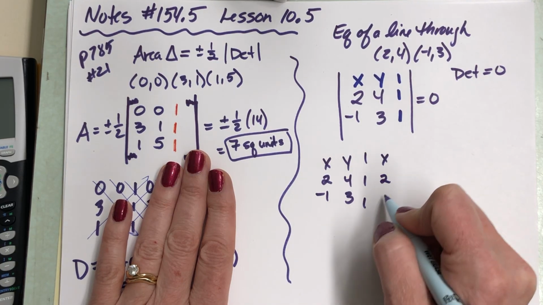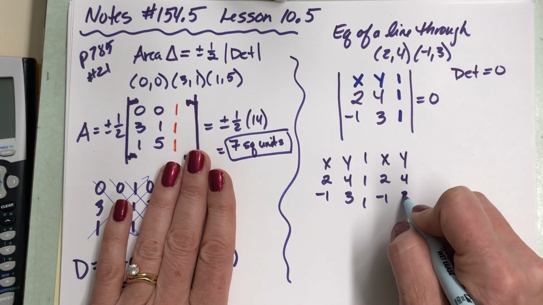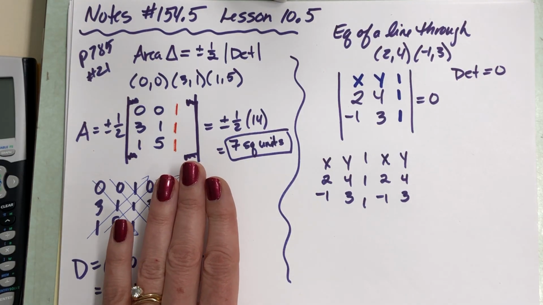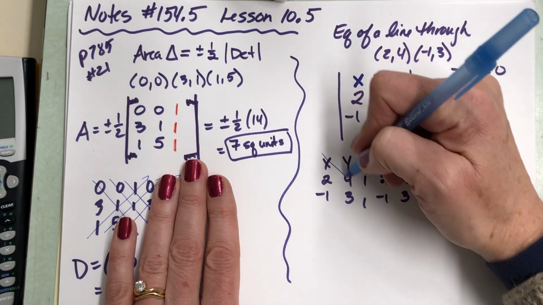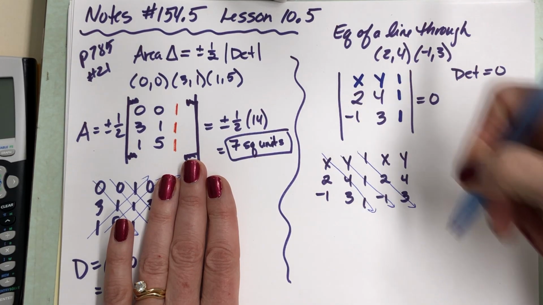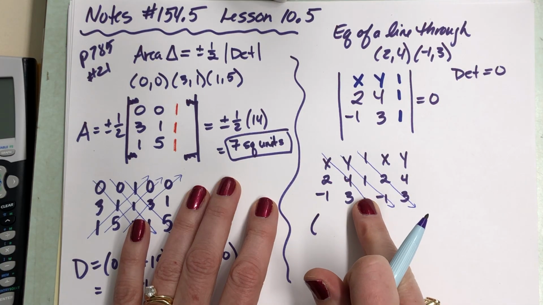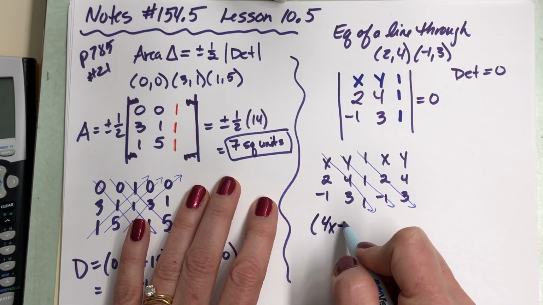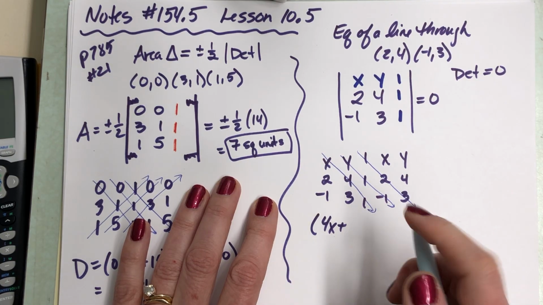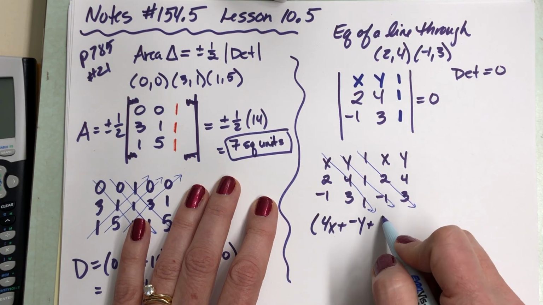If you did not like the basket weaving method, and you wanted to use the cofactor method, that's totally fine. Completely up to you. All right, so we're gonna go ahead and multiply. You can see what's happening, can't you? Here I've got x times 4 times 1, which is 4x, plus y times 1 times -1, which is -y, plus 1 times 2 times 3, which is 6.